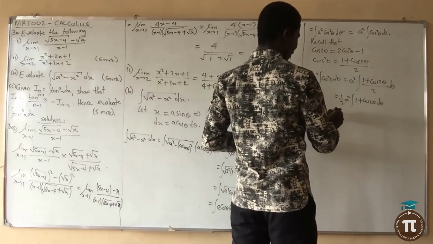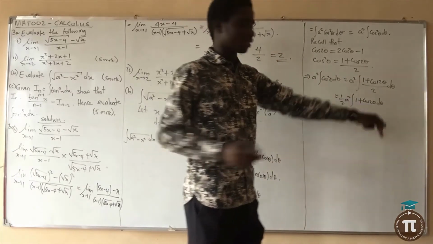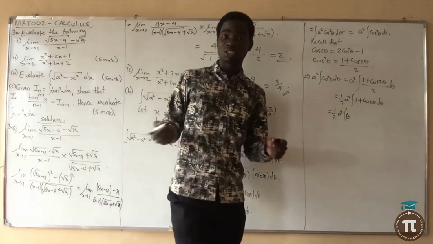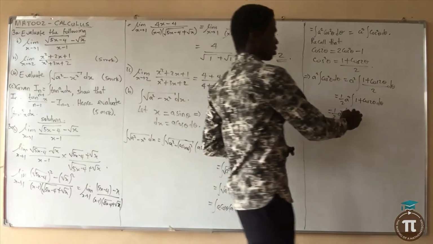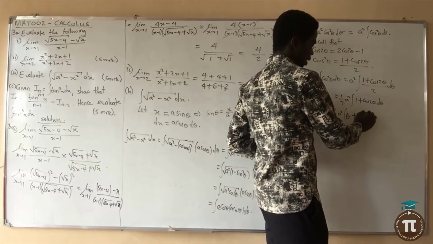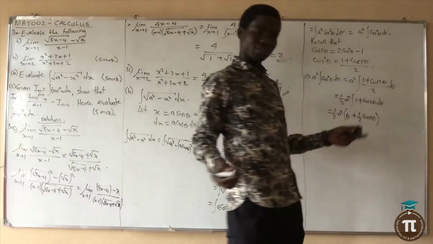So by the time we evaluate this completely, the integral of 1 d theta is just theta, obviously, because I'm integrating with respect to theta. Integrate cos 2 theta, you have 1 over 2 sine 2 theta, and that's it, plus c.